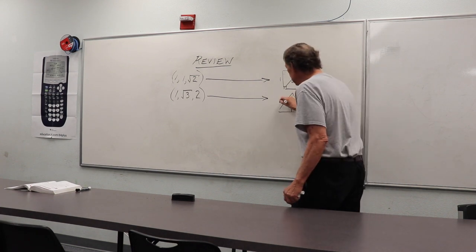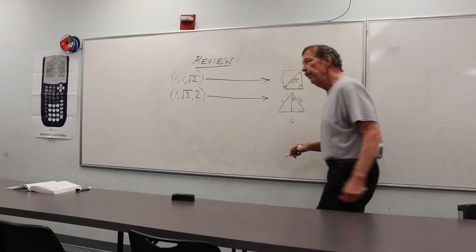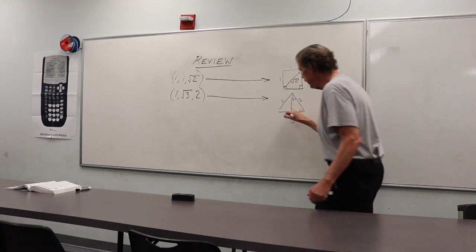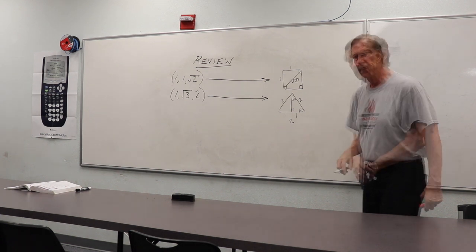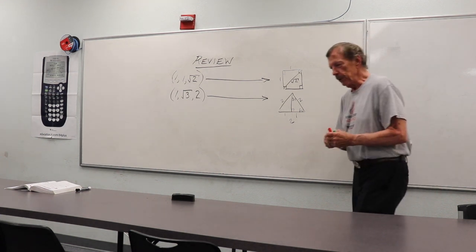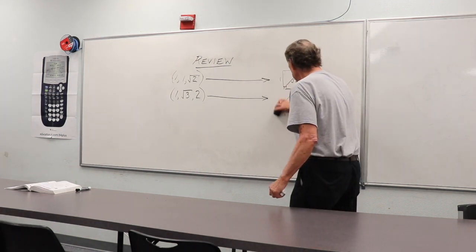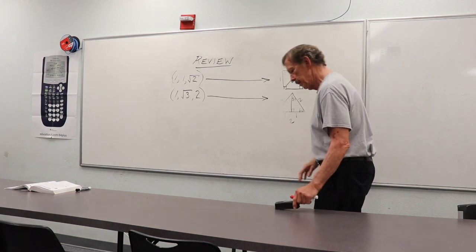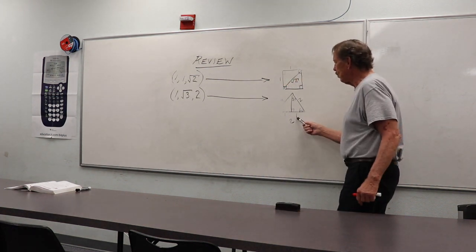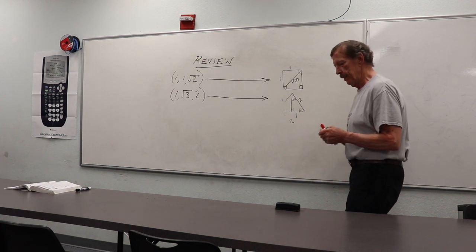If all the pieces here were 2 to begin with, then each piece here is 1. Again, using Pythagoras, 1 squared plus this piece squared is 2 squared.